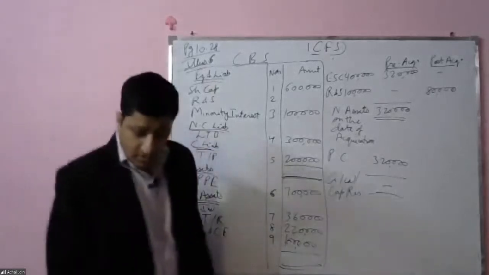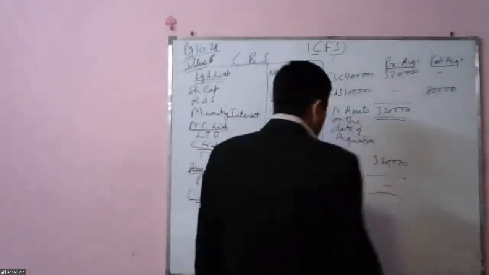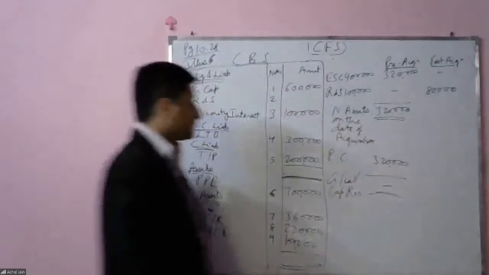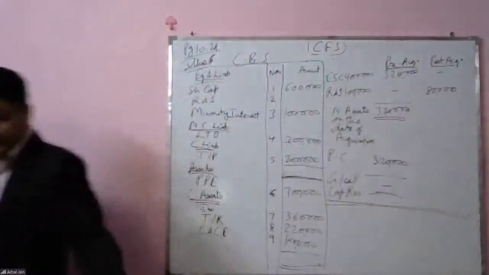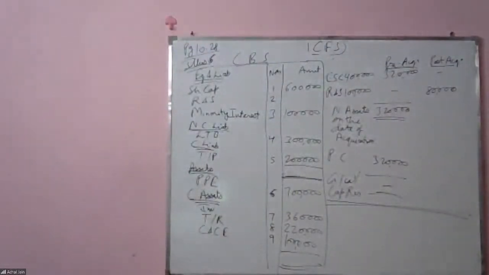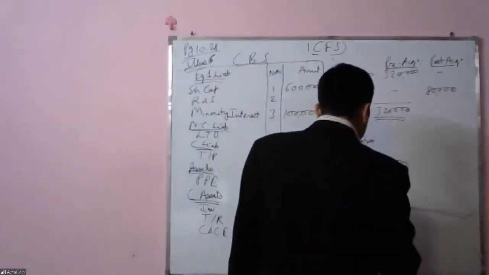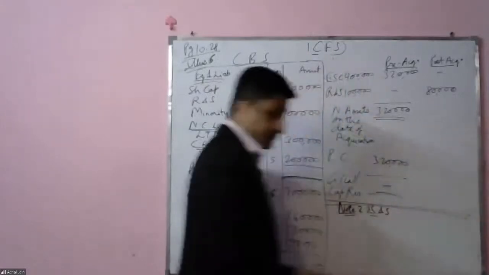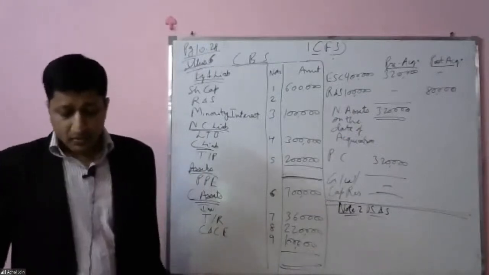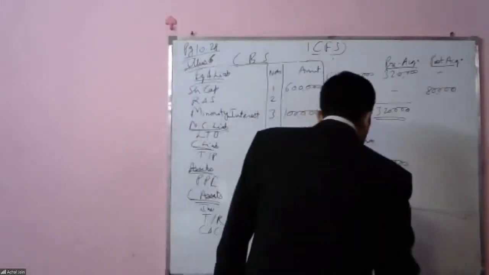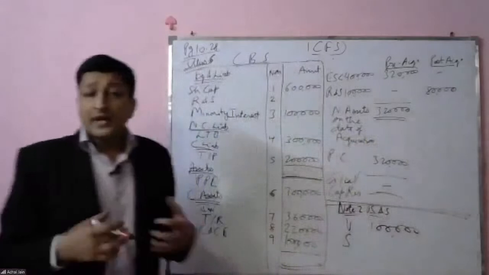Yes or no? So now what do we need? We now need to go to the reserves. Let's go to note number 2 now. Reserves and surplus. On the reserves and surplus, we have got reserves and surplus of parent 1 lakh, and for the subsidiary, can we pick up the entire amount?